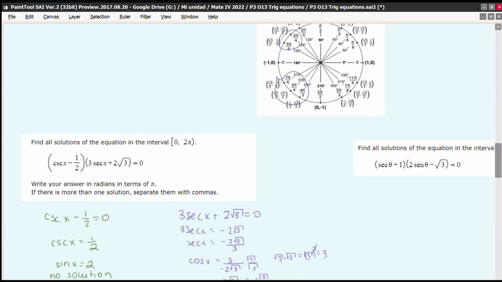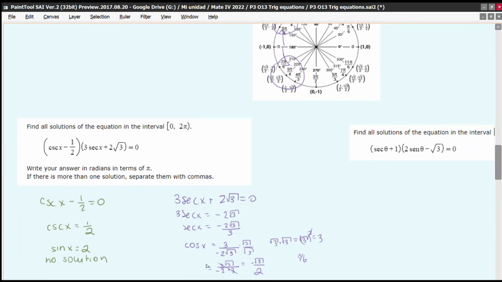So I have to choose the angles that have as reference angle pi sixths but live in the second and third quadrants. And those angles are 5 pi sixths and 7 pi sixths. So my answer for this equation is 5 pi sixths and 7 pi sixths.